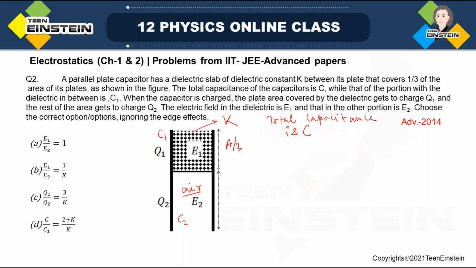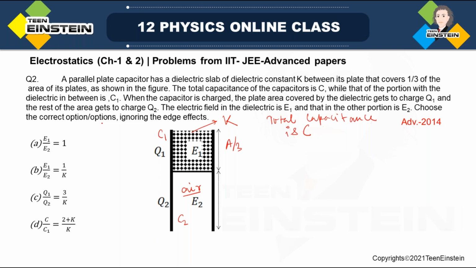When the capacitor is charged, the plate area covered by the dielectric gets charged Q1, and the rest of the area gets charge Q2, as you see here. The electric field in the dielectric is E1, and that in the other portion is E2. Choose the correct option or options.